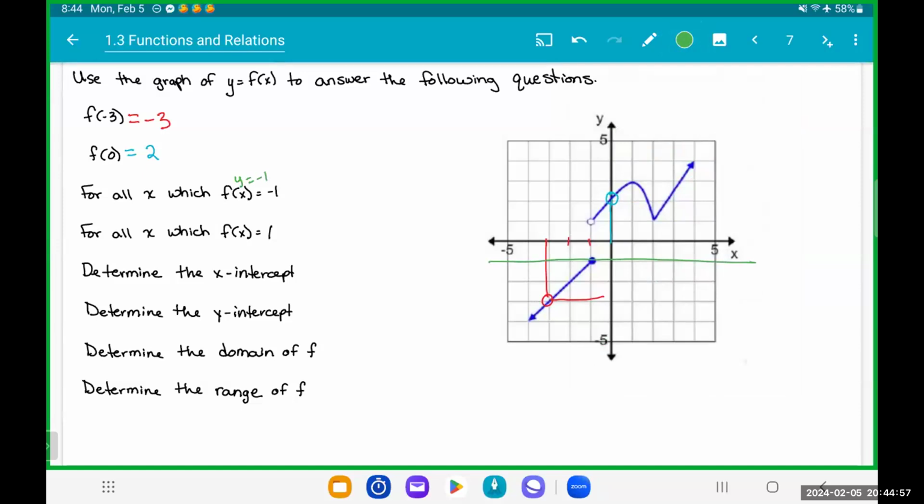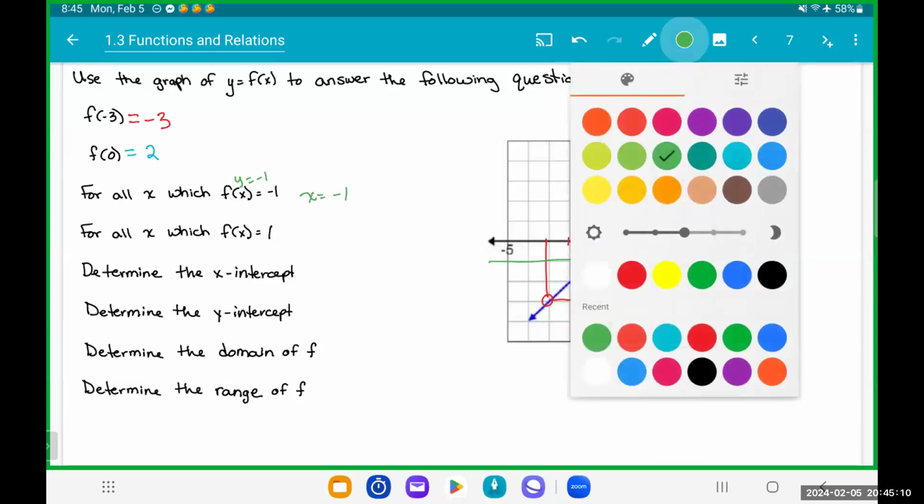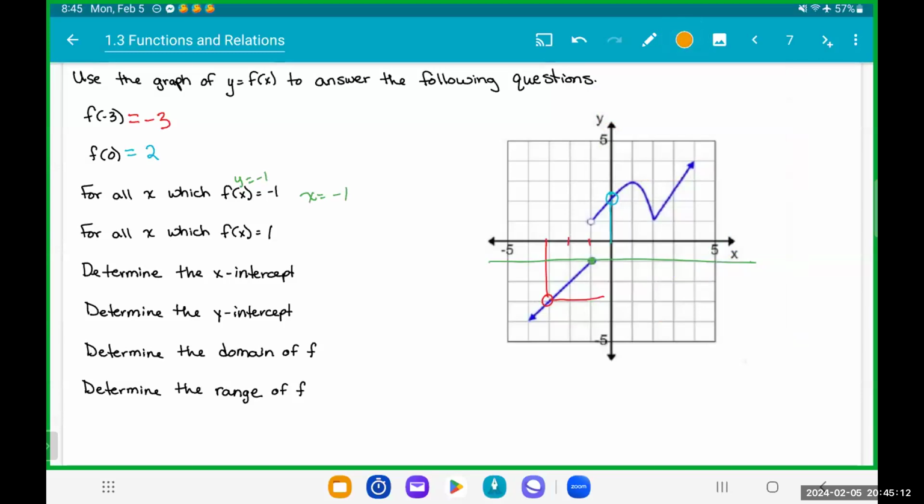What are my x values? Well, that crosses right here where x equals -1. Similarly, I want to list all my x values where my function is equal to +1.